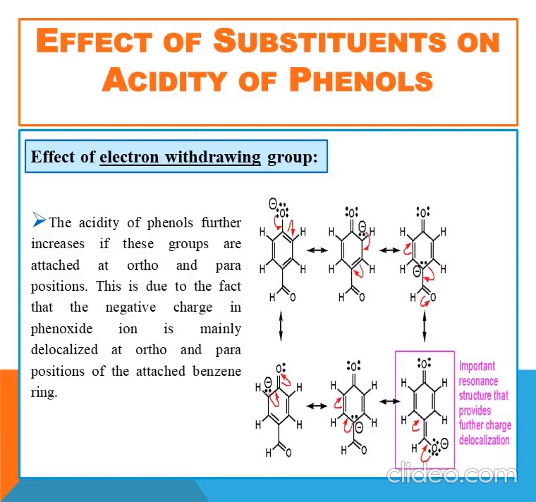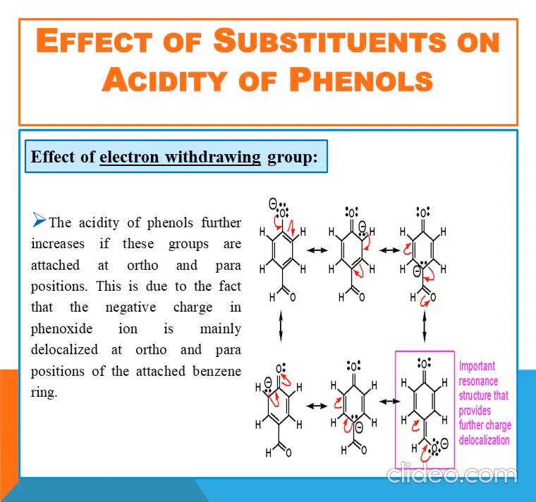So this is one example I have shown. I have taken the electron withdrawing group as the CHO group and attached it at the para position. The same resonating structures are shown, and in the last structure you can see, once the negative charge has reached the para position, it is taken up by the oxygen present in the CHO group.